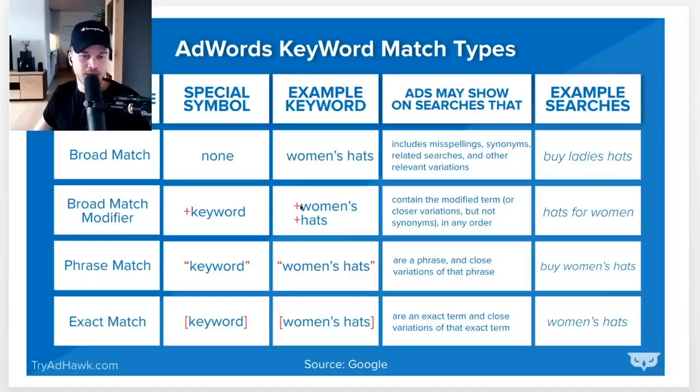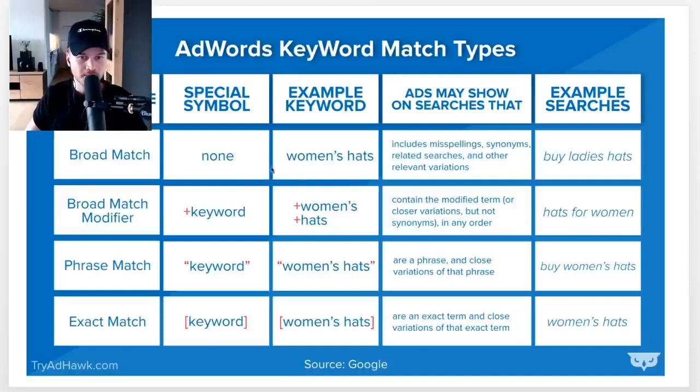You can put a plus in front of your keywords, which means that each keyword that has a plus in front of it has to be in what people type in the search bar. So for example, hats for women will show up because hats is in there and women is also in there. Women is kind of a close variant of women's. If it would just be, let's say, pants for women, then it wouldn't show up because hats isn't in the phrase.